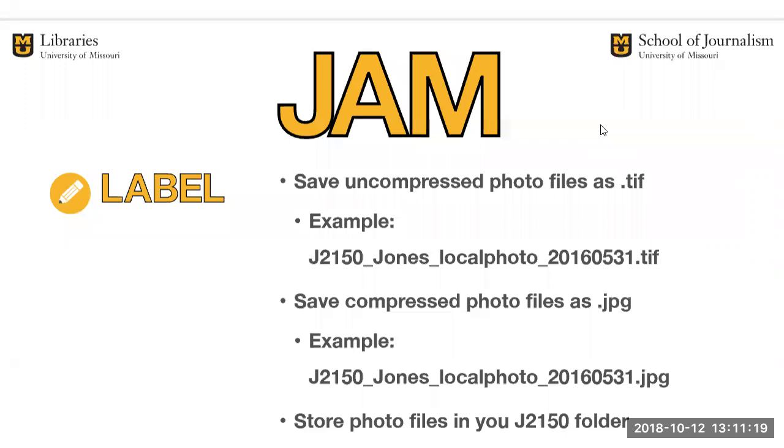JPEG is what's called a lossy format. It's like squeezing out the excess pixels or the excess information in a photo file. And to do that for a lossy format, which saves a lot of space, it actually will throw out some information.